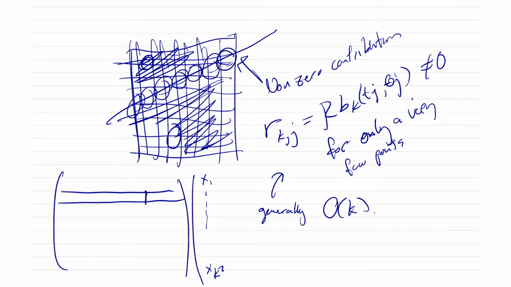Maybe you have a few points that aren't. And so generally speaking, this is what your matrix looks like. So this is what we call a sparse matrix.